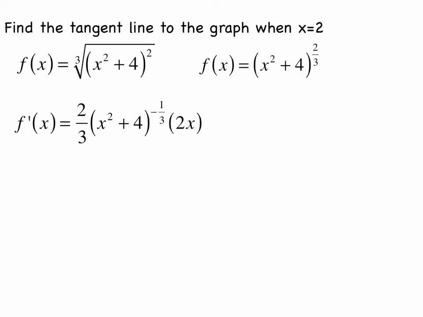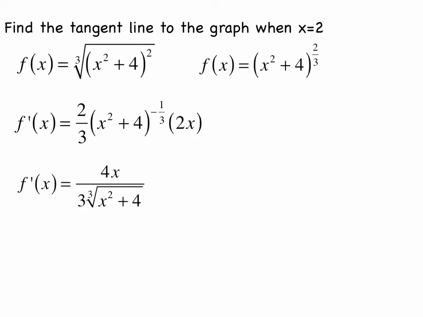The inside function, the derivative is 2x. I'm going to just clean it up a little bit, make sure that any negative exponents get moved so that they become positive. And we should remember that, again, anything raised to the 1/3 power is the same thing as taking the cube root.